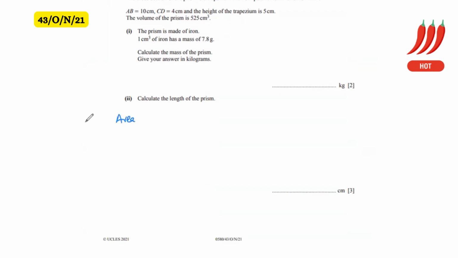Cross-section area would be 1/2 times the height, which is 5, then times the sum of parallel sides, which is 4 plus 10. So that equals 1/2 times 5 times 14, which is 35 centimeters squared.